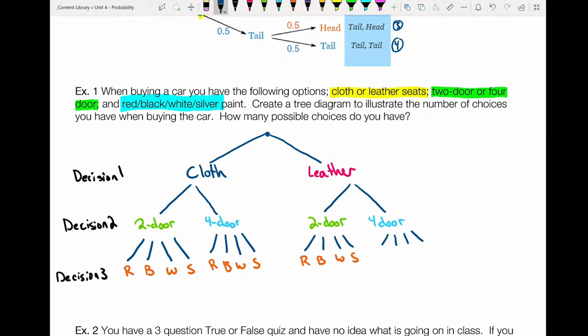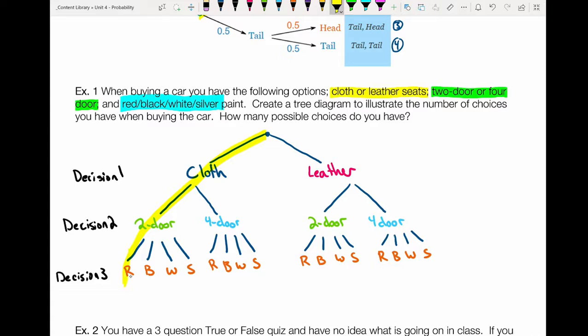And finally, again, red, black, white, silver. Those are all our possible combinations or choices. Remember, each branch or pathway is considered an option. It's not just each spot, it's the entire pathway. So again, I'll highlight one. This would be one pathway.